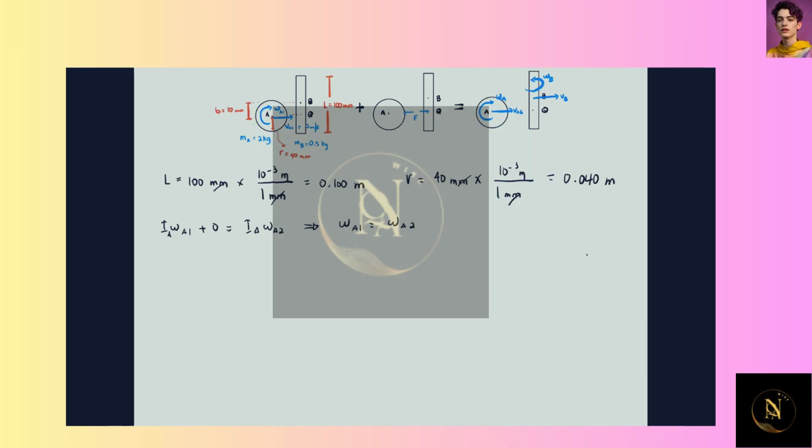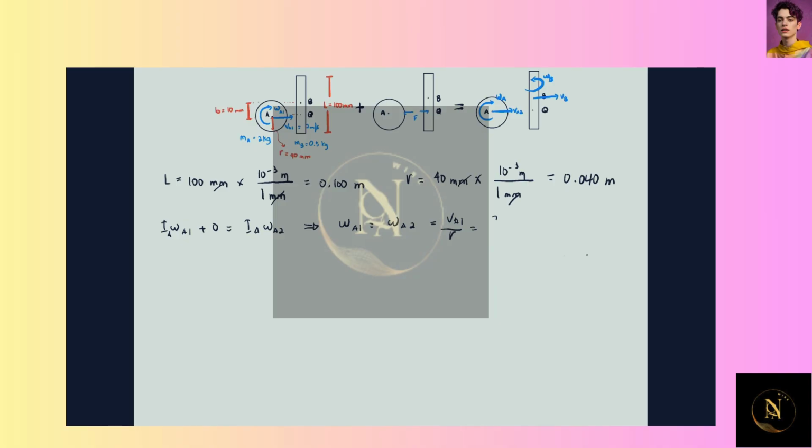Now, since the sphere before impact rolls without slipping, its instantaneous center of rotation is its contact point with the floor. Therefore, omega a1 and omega a2 are equal to va1 over r.